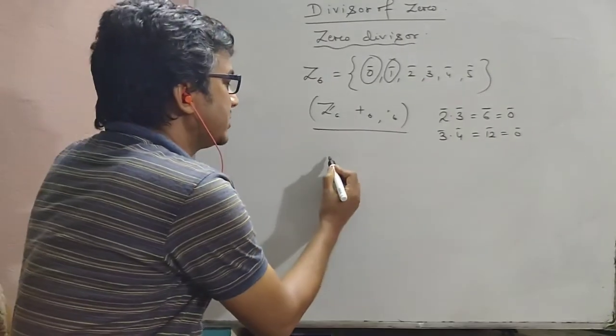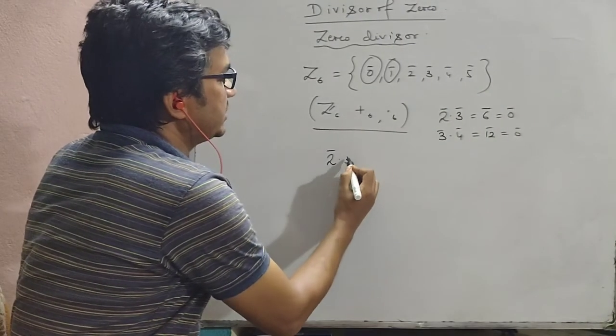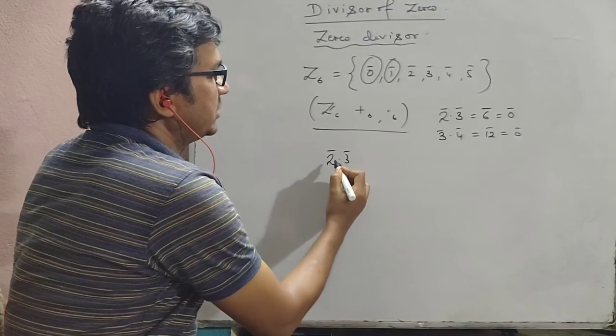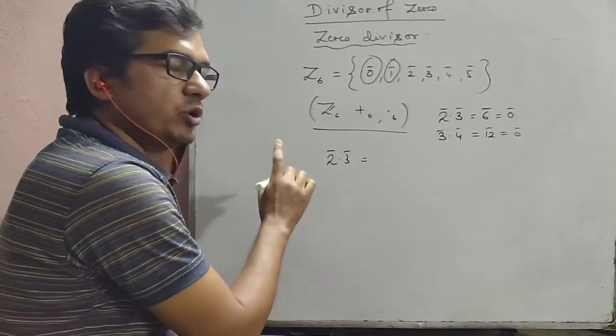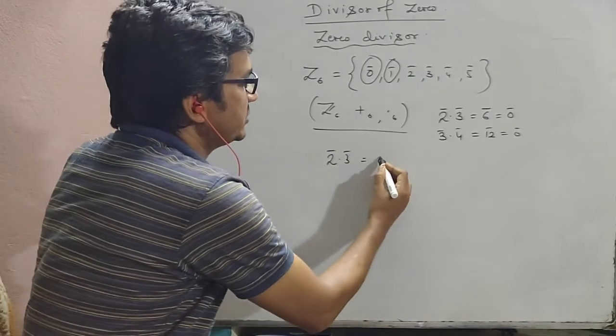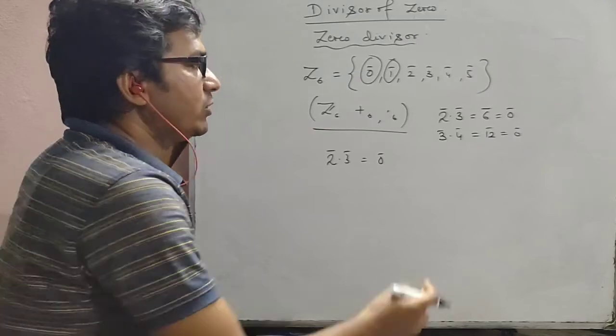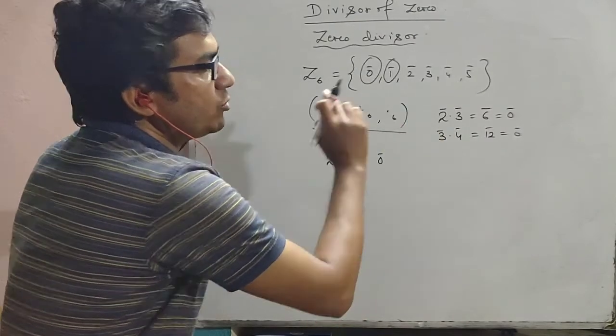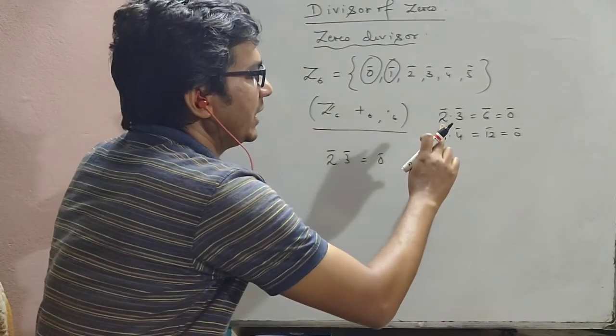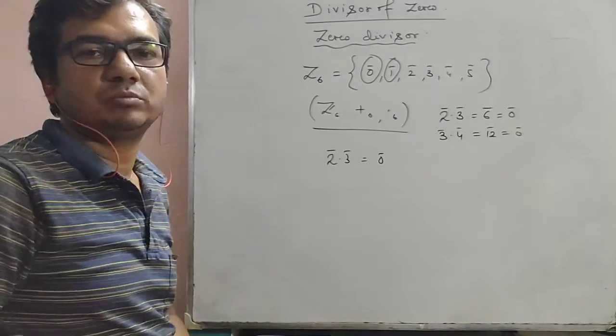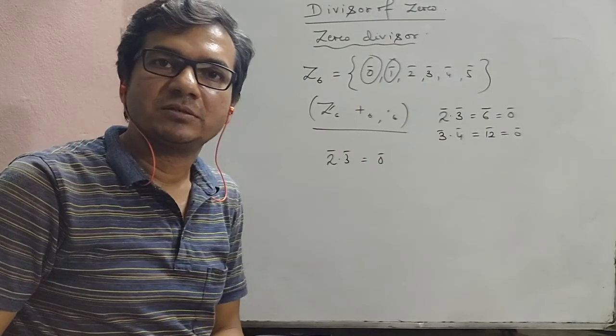So here we get two non-zero elements, 2 class and 3 class, but the product of two non-zero elements is a 0 element. And also for two non-zero elements, 3 class and 4 class, the product of these two non-zero elements is a 0 element.